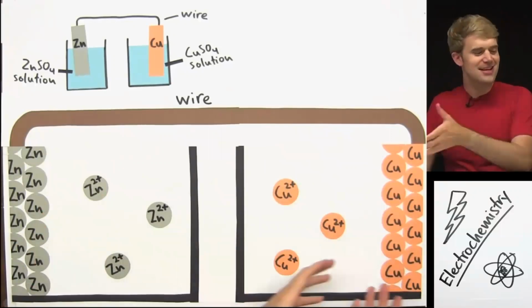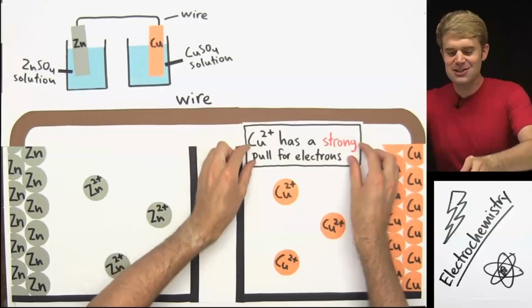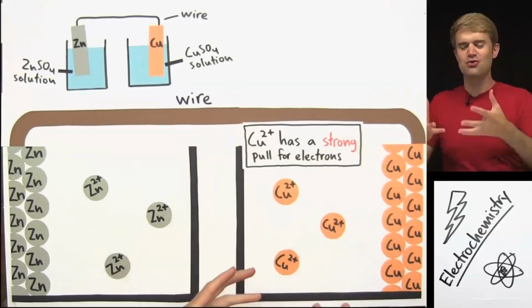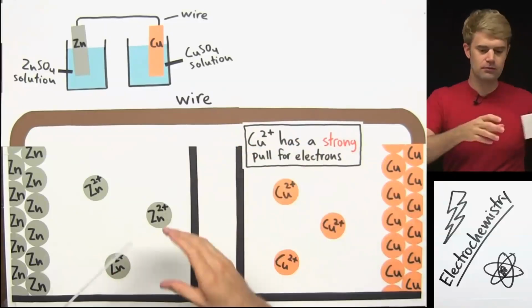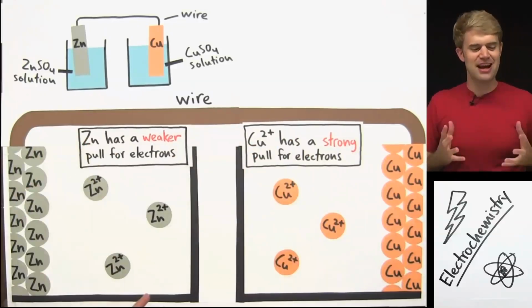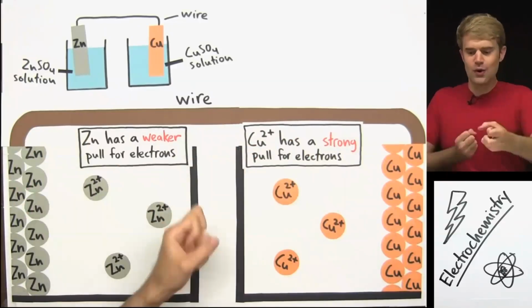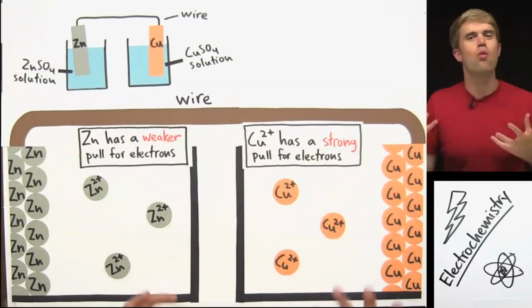One of them wins and one of them loses. It turns out that Cu2+, these atoms here, has a really strong pull for the electrons. But then on the other hand, zinc, these zinc atoms, has a weaker pull for electrons. So in this tug of war, Cu2+ ends up winning.